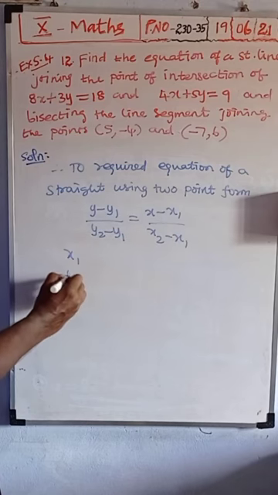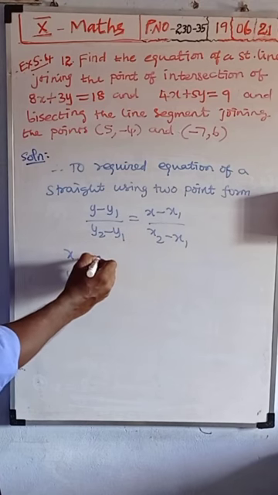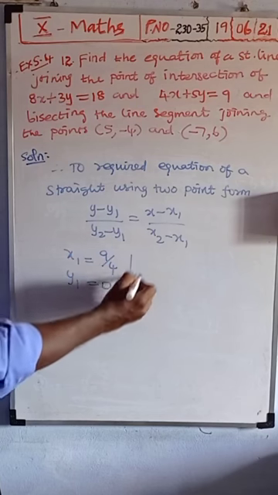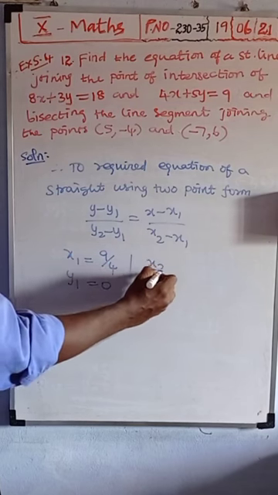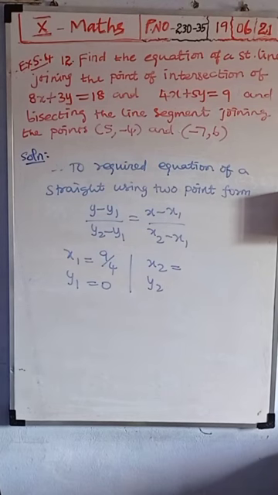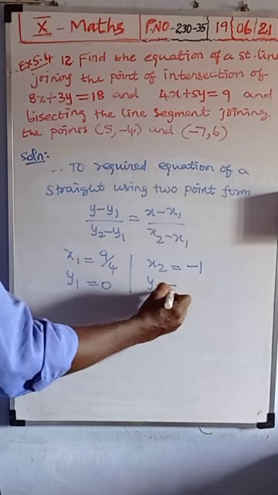Here the first point is x1 y1, 9 by 4 and 0, and the second point we received is minus 1, 1.